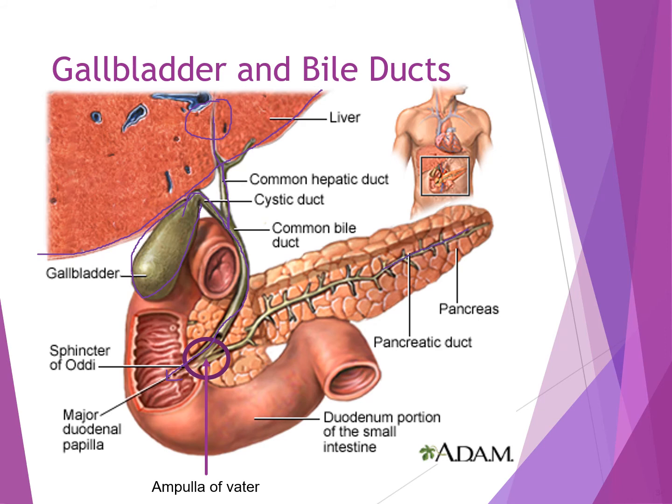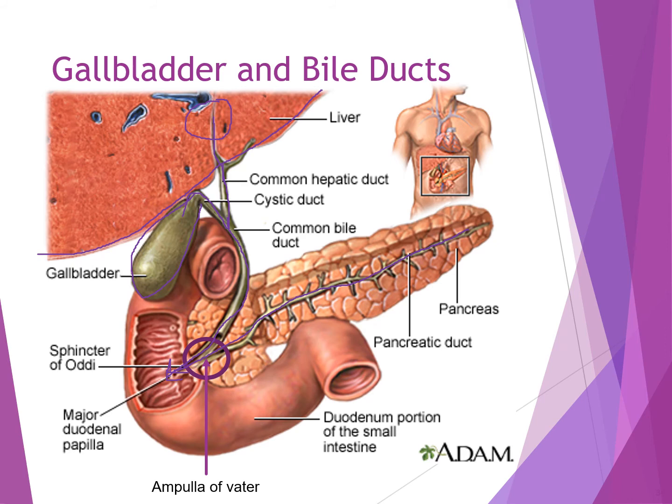The pancreas makes these pancreatic juices, and they're going to be secreted into the duodenum as well. All of these enzymes are going to help to facilitate that breakdown of food so that it can be absorbed for nutrients so that our body can use it.